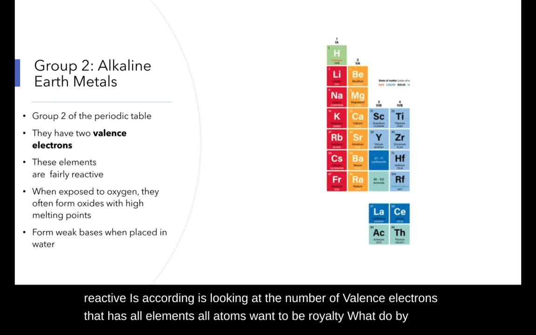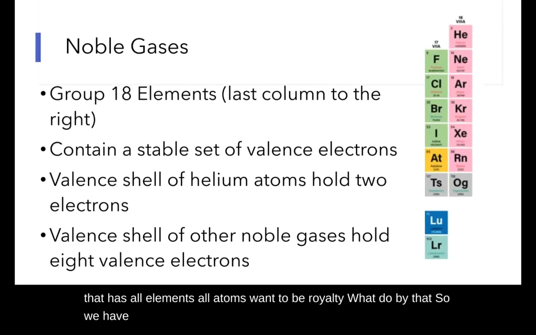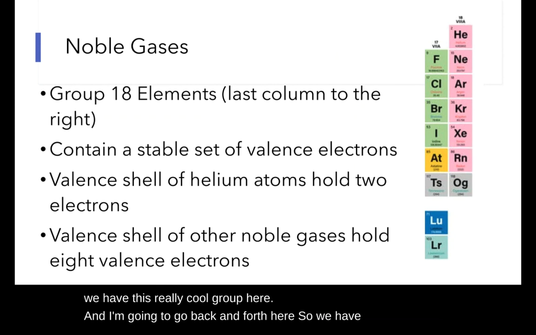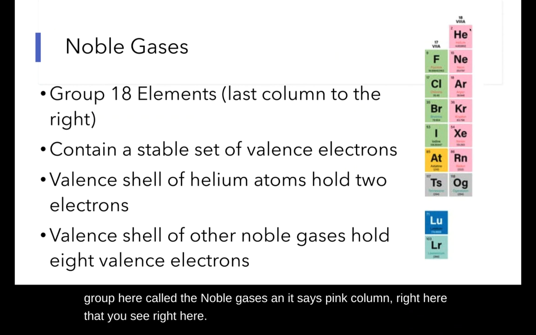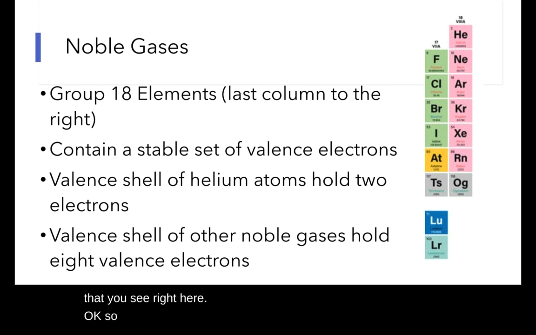So we have this really cool group here, and I'm going to go back and forth here. We have this really cool group here called the noble gases, and it's this pink column right here that you see. Okay, so these are in the IUPAC periodic table.